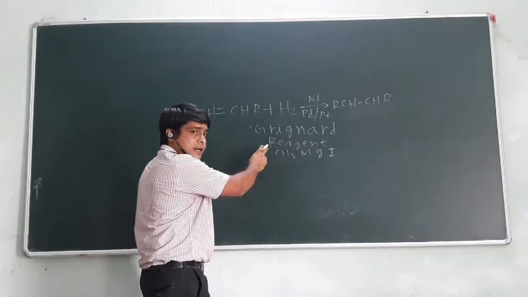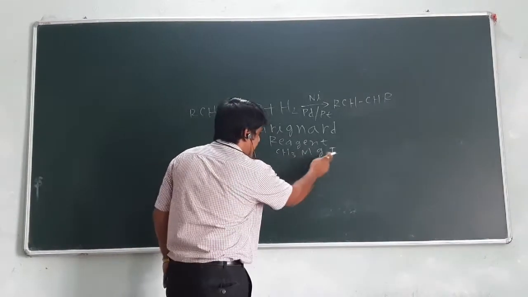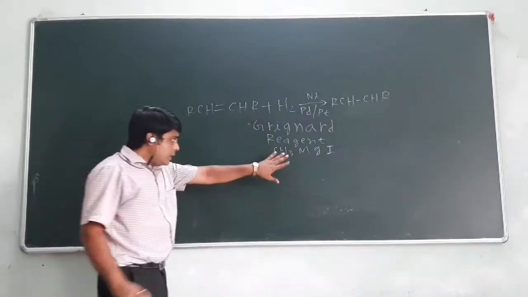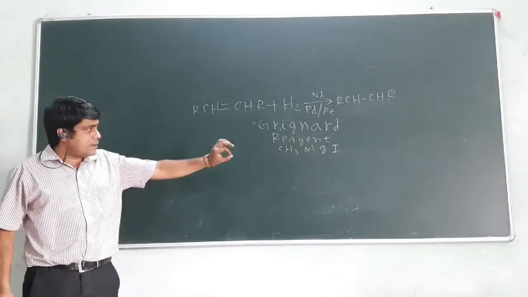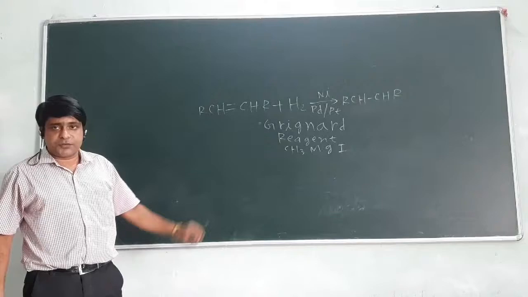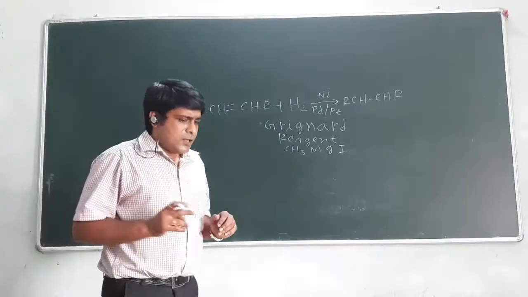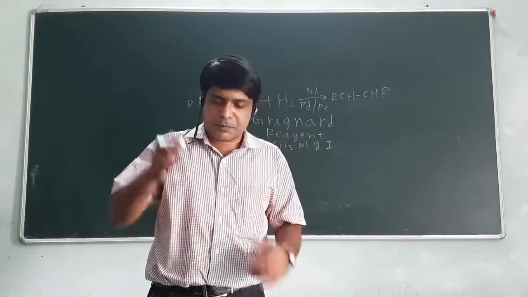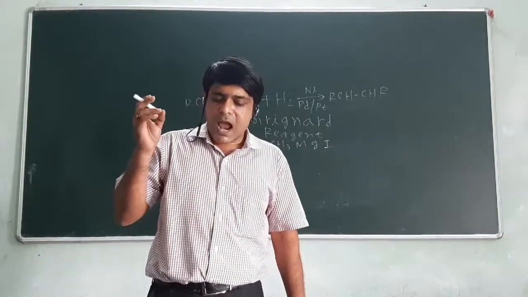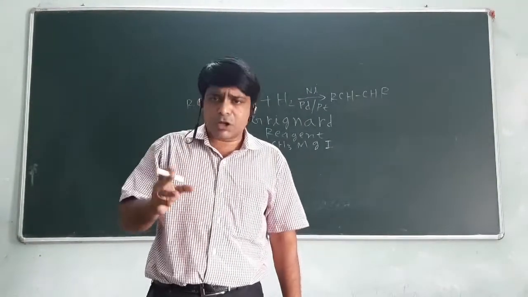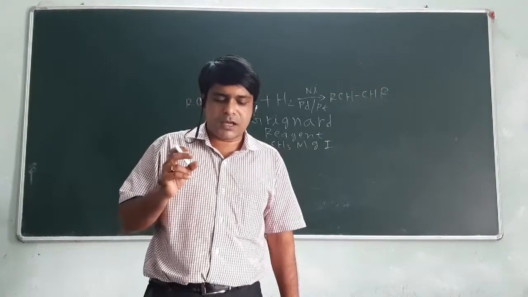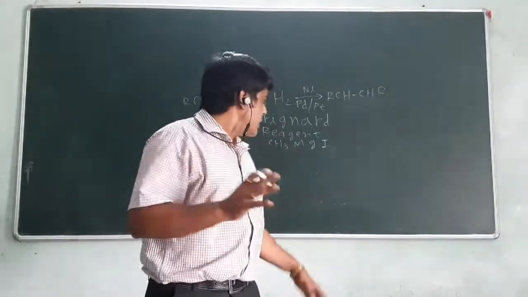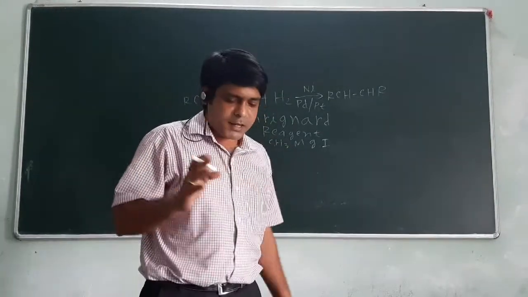Here, methyl is the alkyl group, magnesium is there, and in the halide group iodine is present. So it is one example of an alkyl magnesium halide, that is, a Grignard reagent. In your semester examination, you can face this kind of question also. Suppose there are four options, and your question is which of the following is a Grignard reagent. At that time, your answer will be methyl magnesium halide or ethyl magnesium bromide, that way.